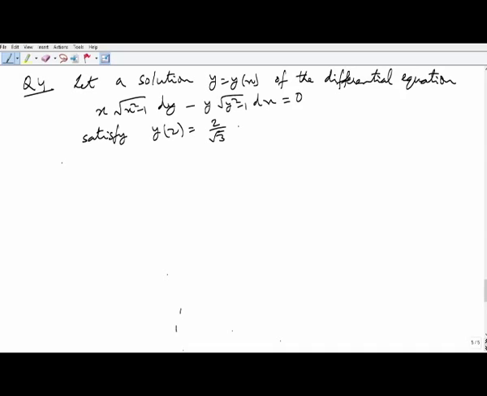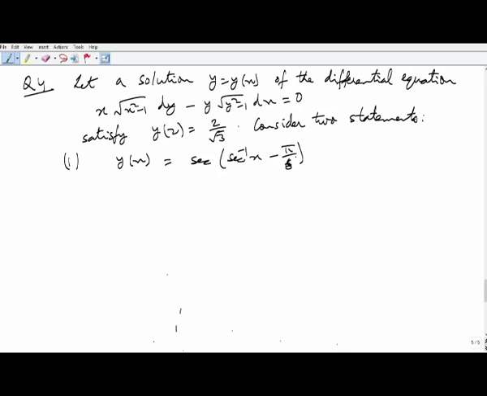Now, consider two statements. One is y(x) is equal to secant inverse x minus pi by 6, and second statement is y(x) is given by one by y is equal to 2 root 3 by x minus square root of 1 minus 1 by x square.